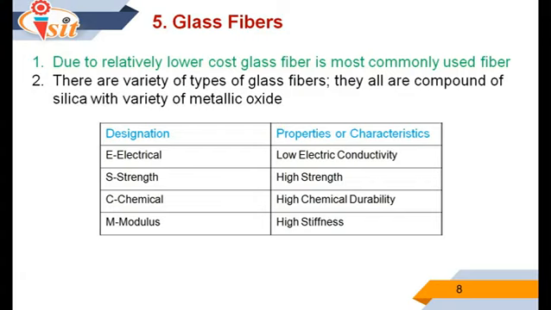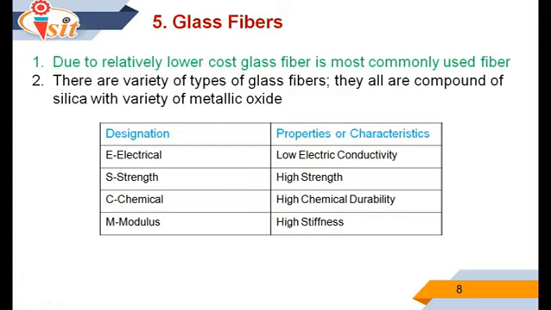Most of the time that fiber reinforcement gives strength quite a bit better than that of metals. The glass fiber inside the composite structure has a lower cost in comparison with other fibers, so that's why it is widely used.